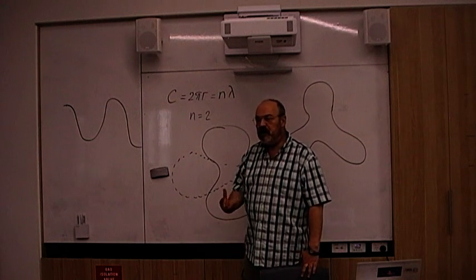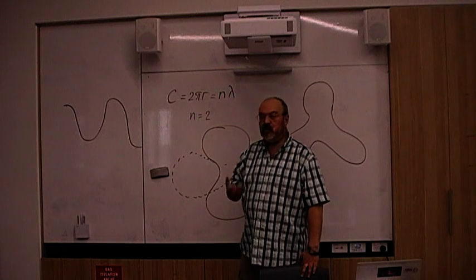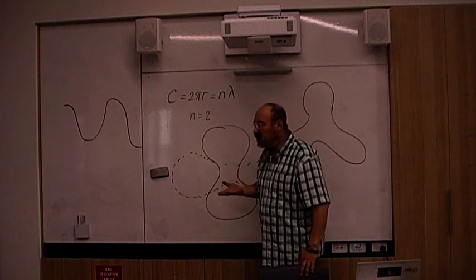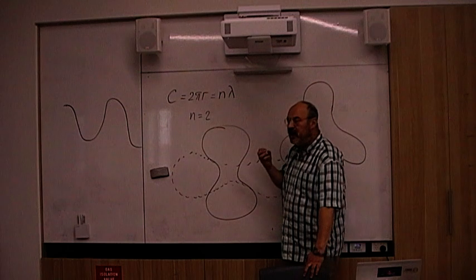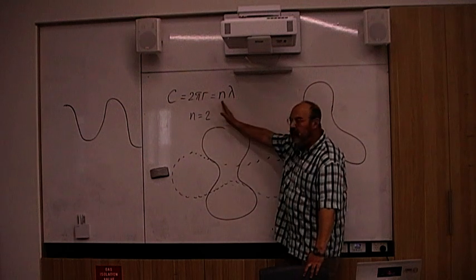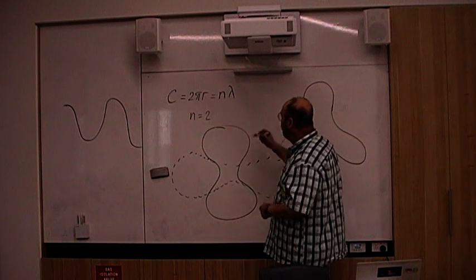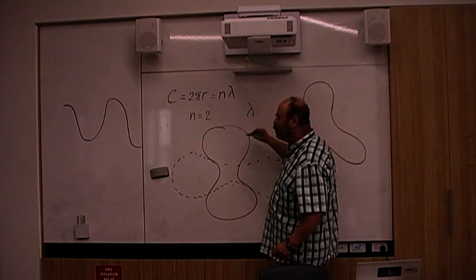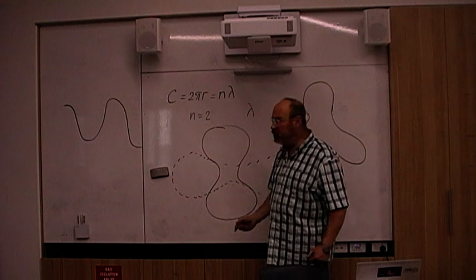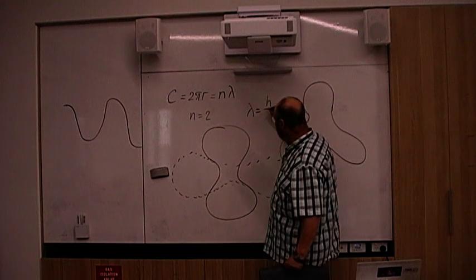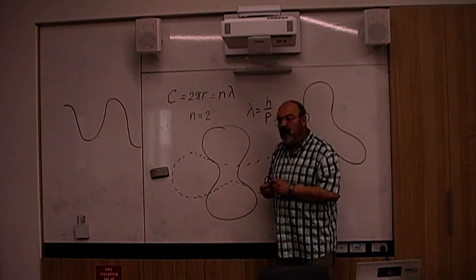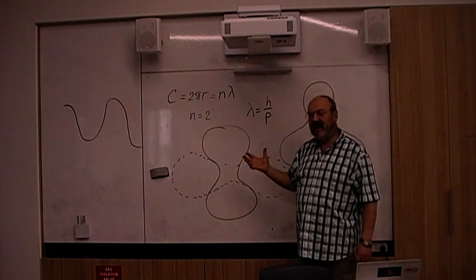So for an orbit to exist, and each energy level is associated with this, we need to have a whole number of electron wavelengths, reminding that the formula for the electron wavelength, or de Broglie wavelength, equals h on p. Only those orbits can exist.